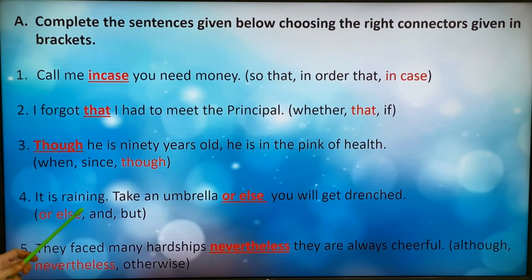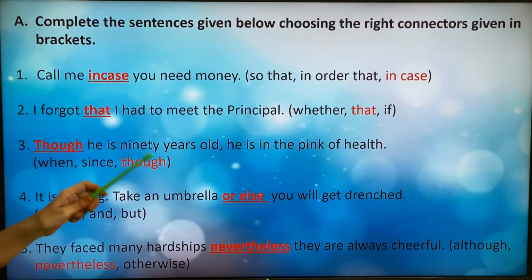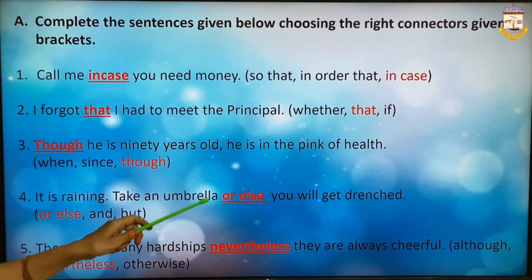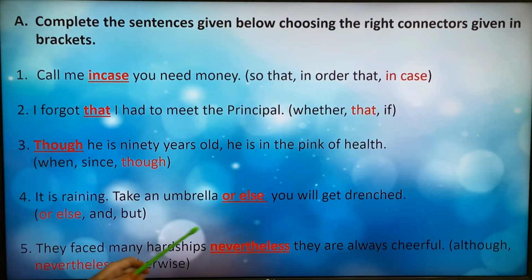Or else, and, but. What is the answer? Excellent. Or else. It is raining. Take an umbrella or else you will get drenched. They faced many hardships. Dash, they are always cheerful. They faced many hardships. Nevertheless, they are always cheerful.